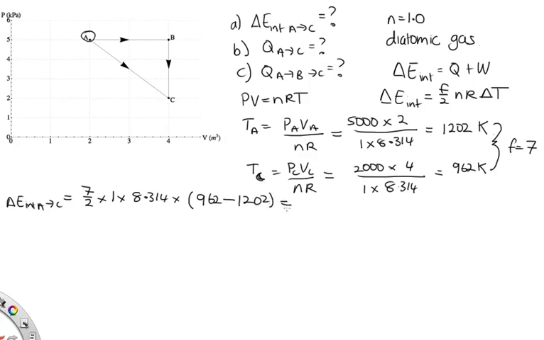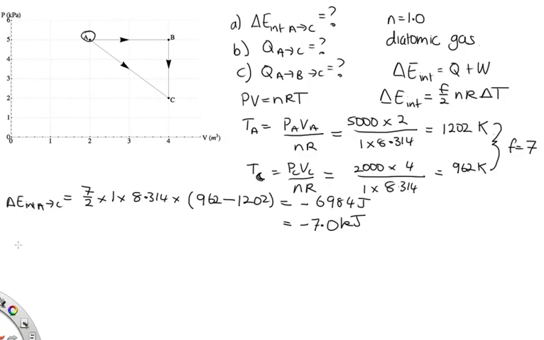Solving that on the calculator, we end up with minus 6,984 joules. So presenting this answer, we should just give it to 2 significant figures because it's hard reading very accurately off this graph. So we can write this as minus 7.0 kilojoules.